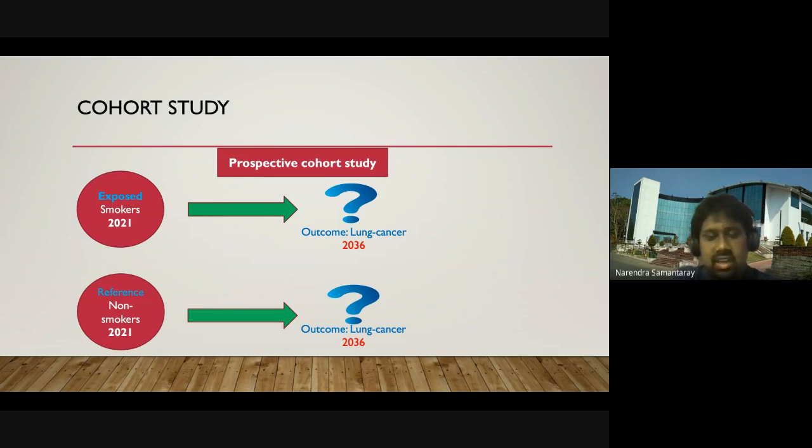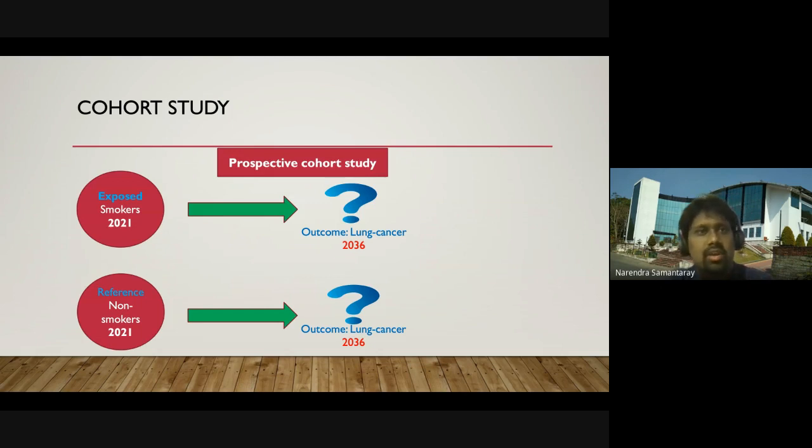The waiting period is related to the latency period of a disease. Sufficient time has to be given so that the risk factor clearly develops into an outcome.